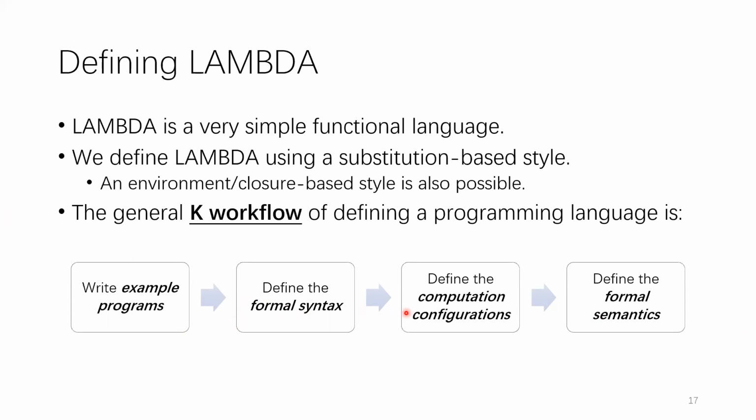And then we define the computation configurations of our language, and recall that a configuration holds all the semantic information that is needed to execute the programs. And finally, we define the formal semantics. So this is the basic workflow to defining any programming languages in K. And we'll also follow this workflow in this tutorial.